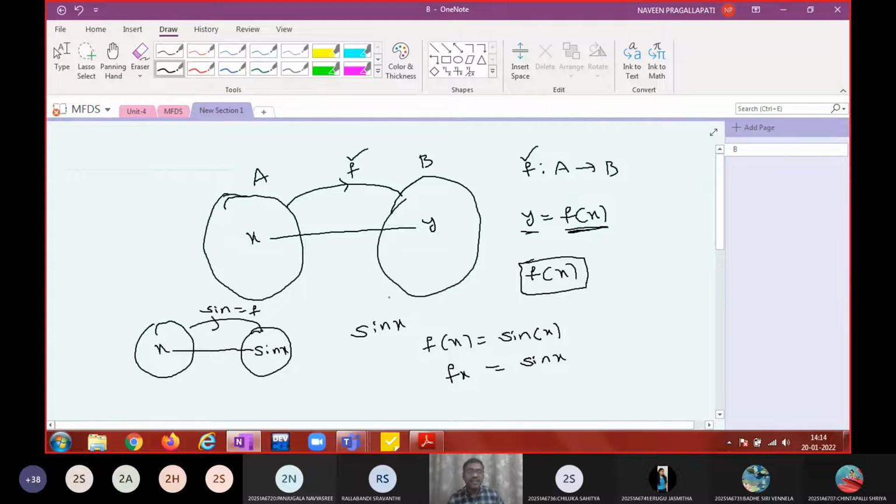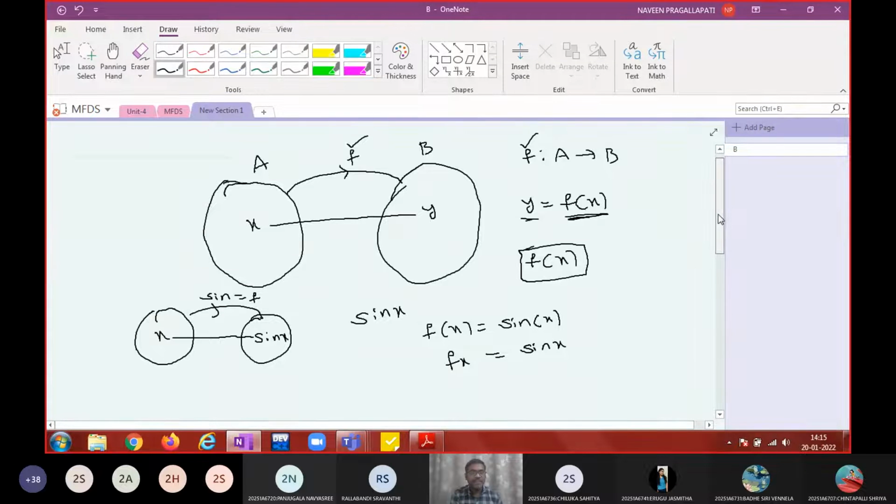Similarly, f of x is the image and f is the function. But most of the time we identify the image formula with the function. Is that clear?